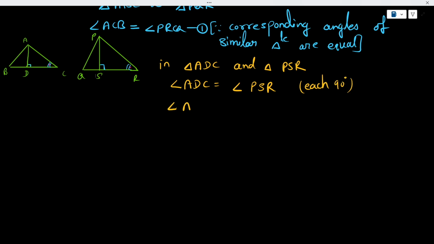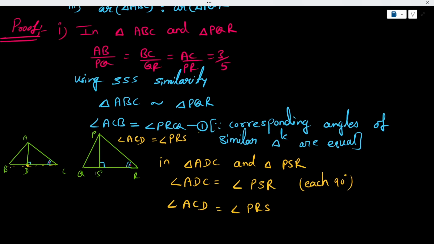Similarly here angle ACD, because ACB is nothing but angle ACD, it is in the same line, right? So I can take it either ACD till D or till B, which is equal to angle PRS. PRQ can be taken as PRS also, equal to angle PRS, and you can write down this here, right?